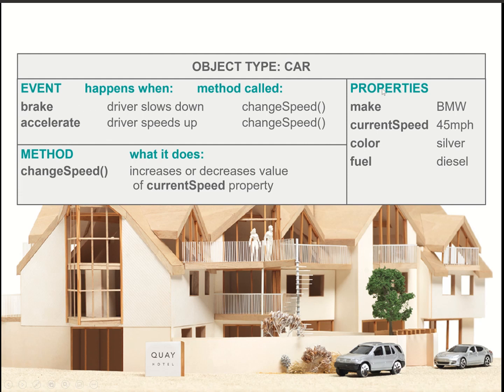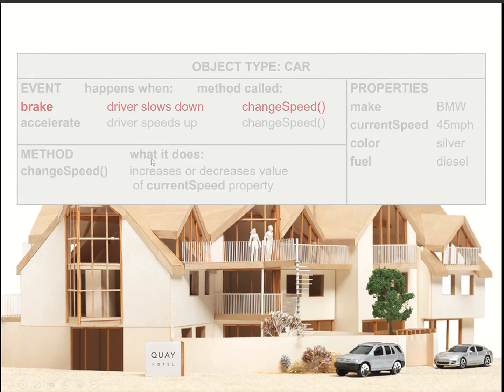That means it contains properties, methods, and events. For example, when we brake, the driver slows down, and then we change speed. This will decrease the current speed.